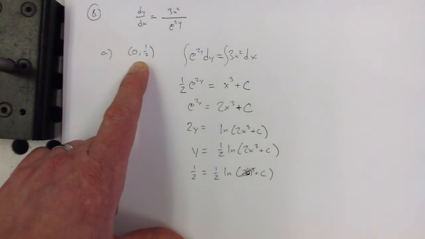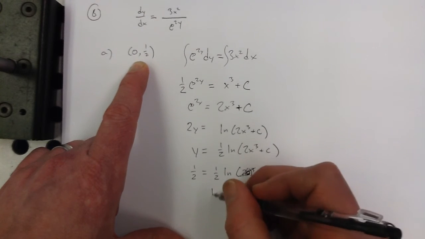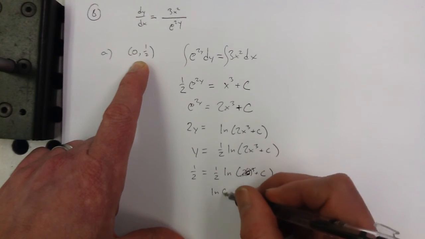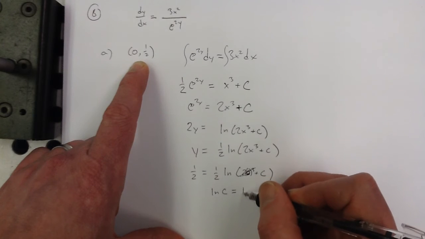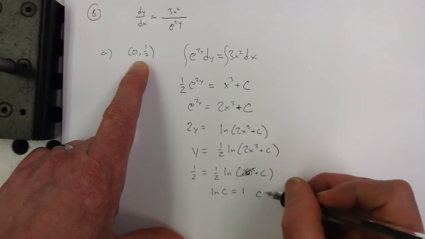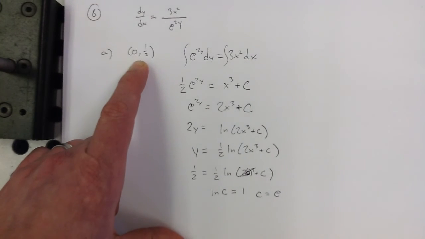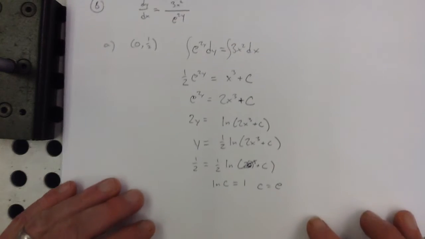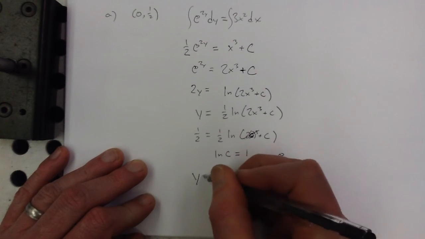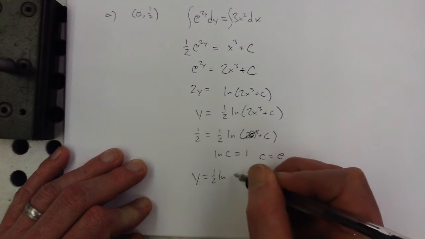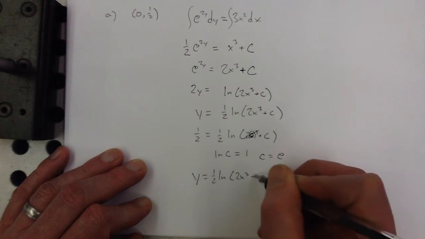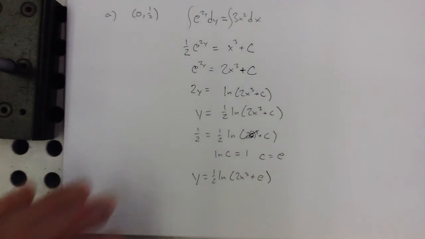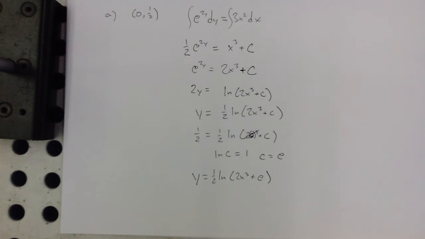So that just looks like that. So that means the natural log of c must just be equal to 1. So c is equal to e, which means I have y equals 1/2 natural log of 2x cubed plus e. Looks like that is the function.